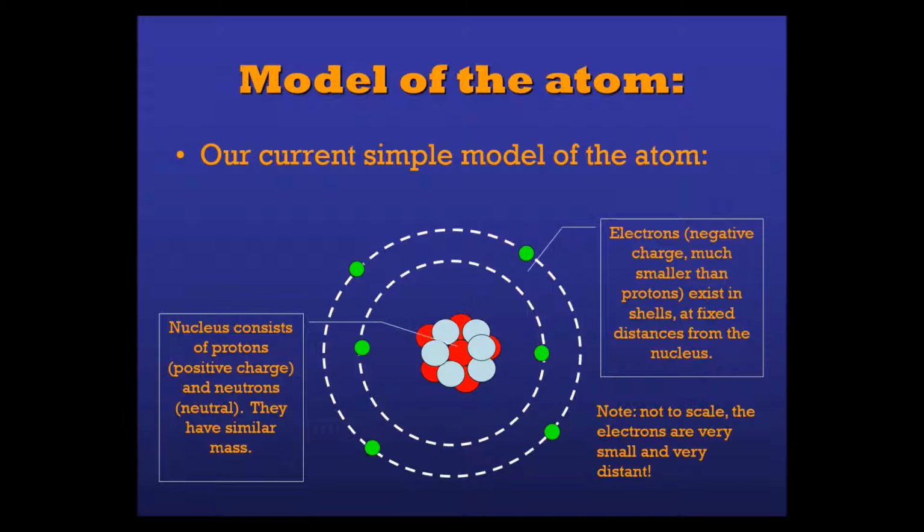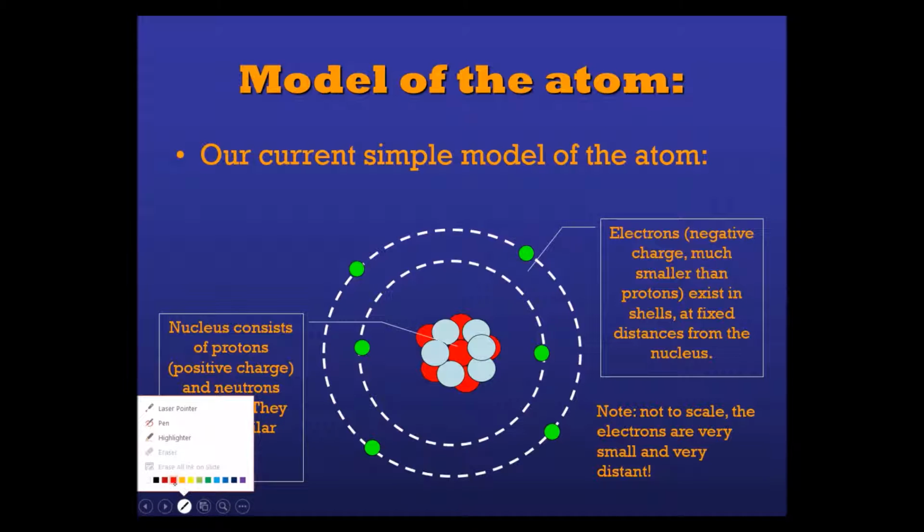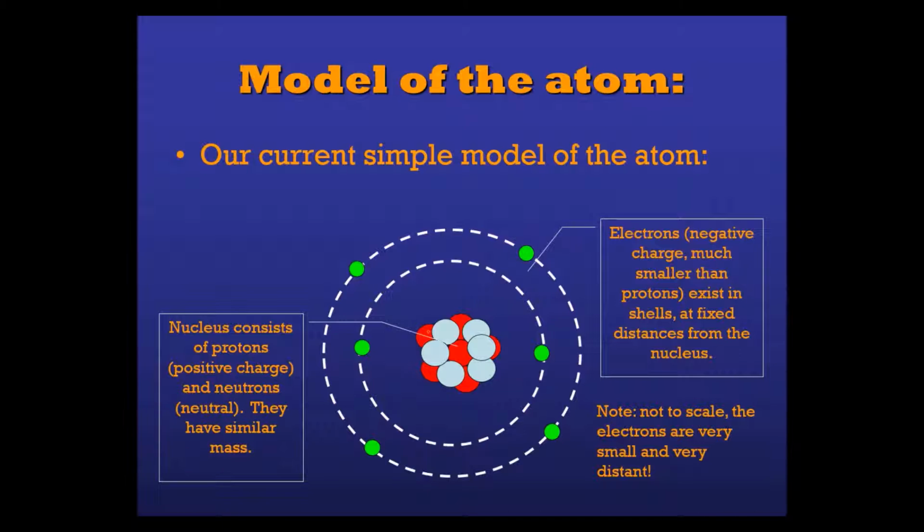Now, what scientists figured out about 100 years ago, or in fact a little bit more recently than that, in the 1930s, when a lot of these final discoveries were made, is to understand a little bit more about particularly the structure of the electrons around the atom. And so we say that electrons are located in what we call shells.